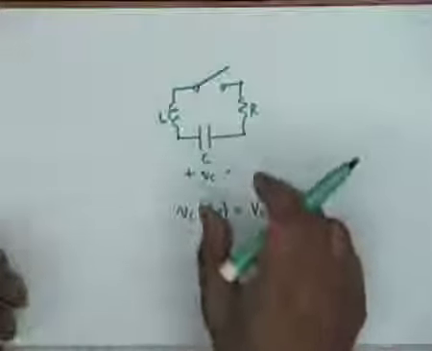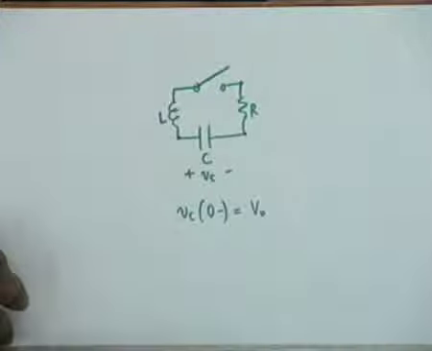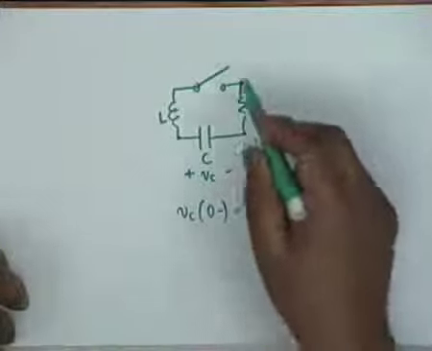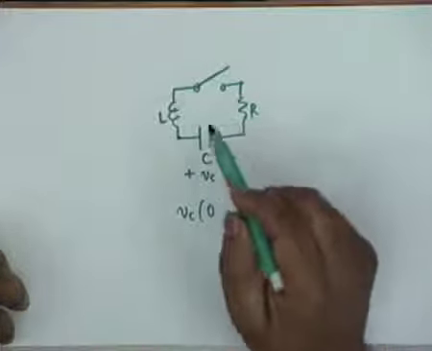This capacitor is first charged to a voltage V0, maybe by connecting a battery of voltage V0 across this. It has in the circuit an inductance and a resistance and a switch.